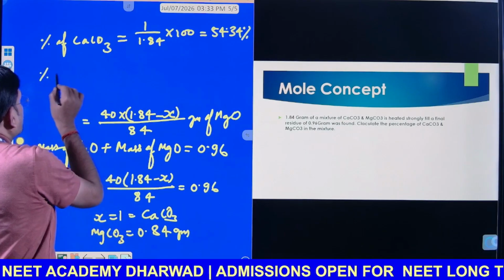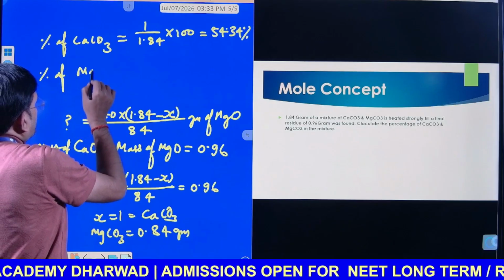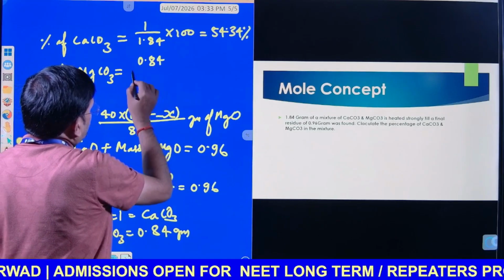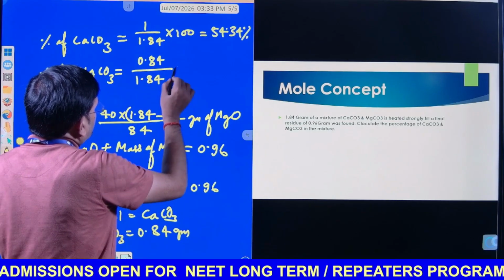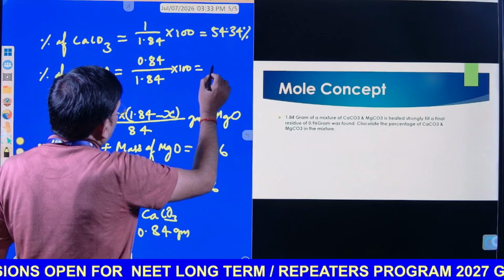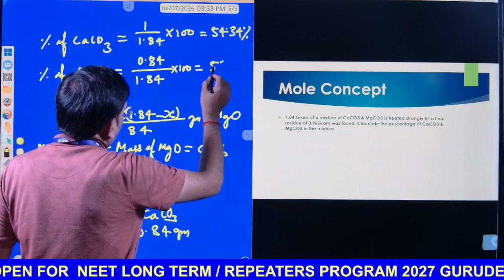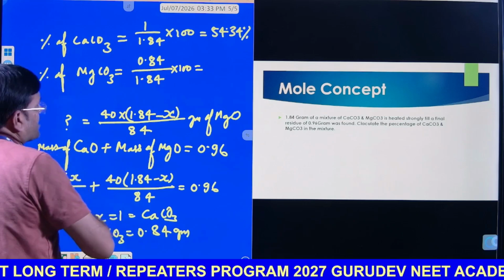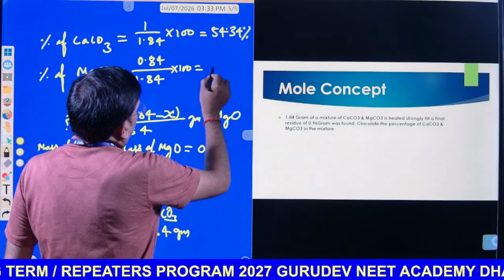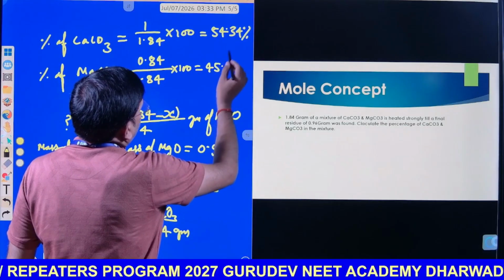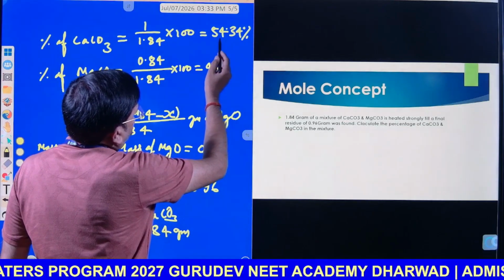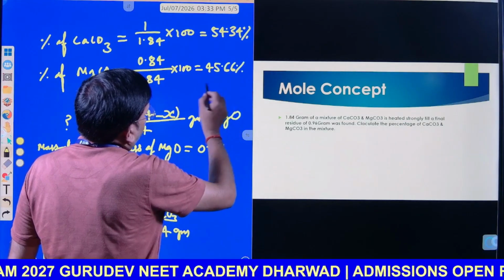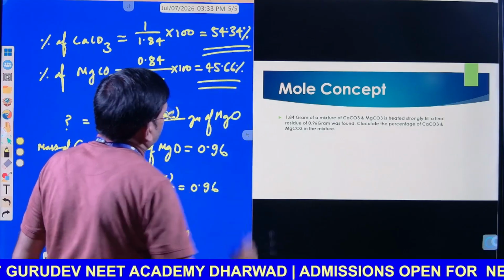Similarly, the percentage of magnesium carbonate can be calculated as 0.84 divided by 1.84 into 100, and that will come out to be 45.66%. You can also obtain it by subtracting from 100. So this is going to be your answer.